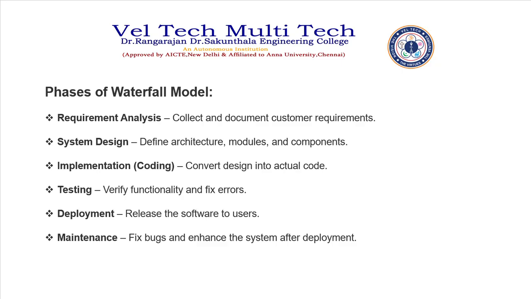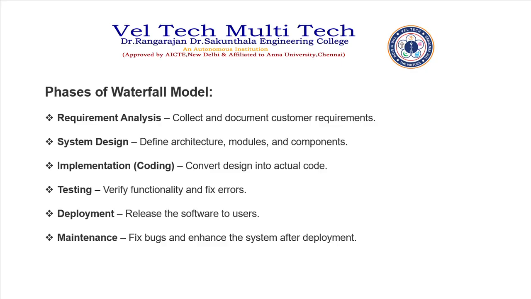In the deployment phase, after completing the error-free program, we have to deliver the product, deliver the software to the user. That phase is called the deployment phase. After the deployment phase, we go for maintenance.